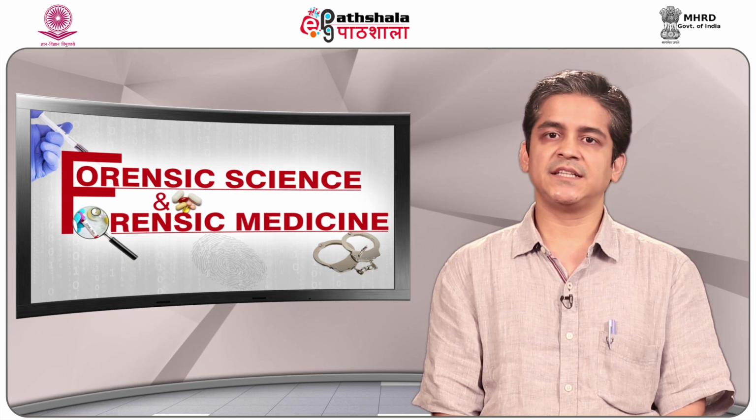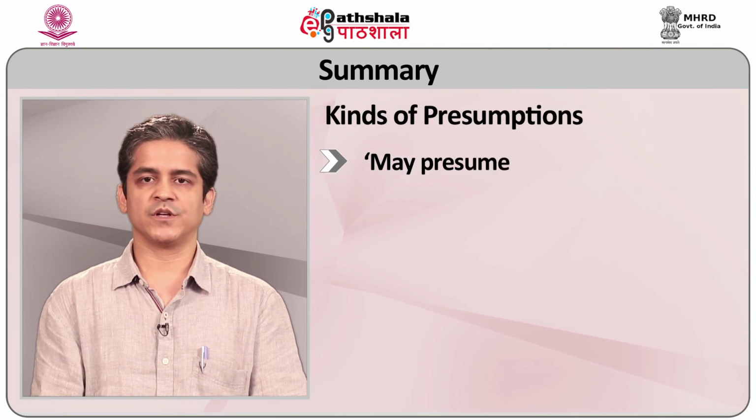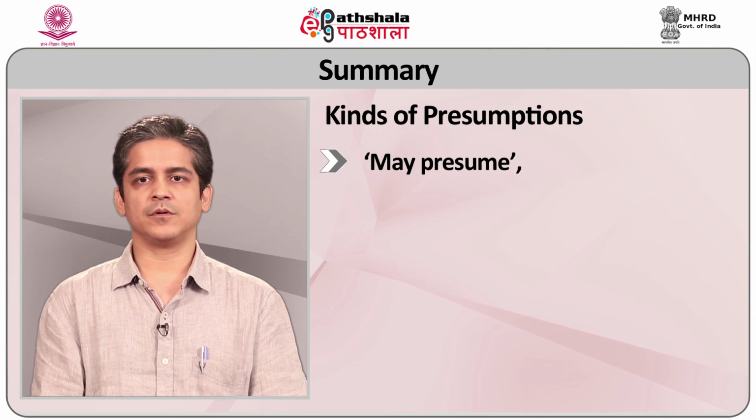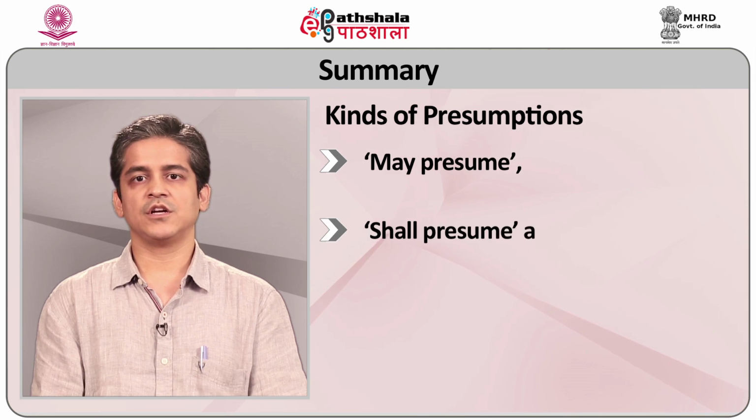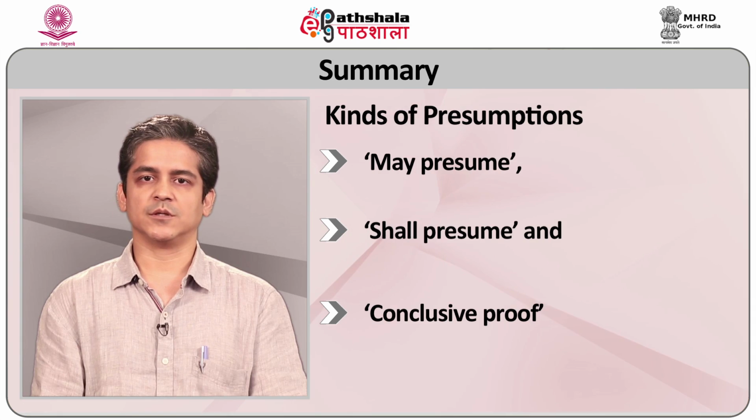And there are three kinds of presumptions prescribed by law, which can be differentiated by use of phrases: "may presume," which stands for rebuttable presumptions which are at the discretion of the court; "shall presume," which are rebuttable presumptions mandated by law; and "conclusive proof," which indicates an irrebuttable presumption.